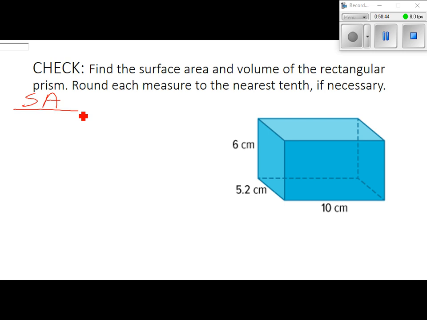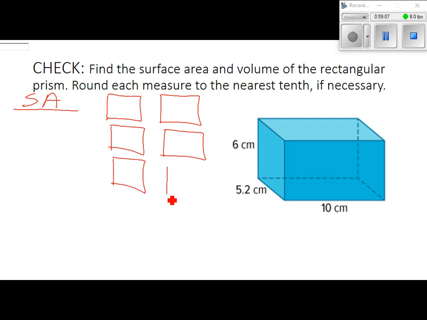To find surface area, all we're going to do is take this shape and sort of draw a net. Usually I don't draw an actual net because I'm not a very good artist. I know this is a rectangular prism with 6 faces, so I draw 6 rectangles.